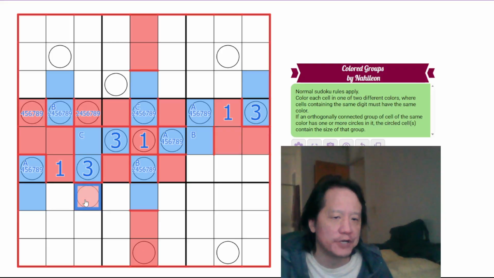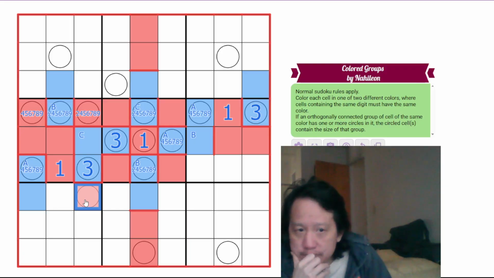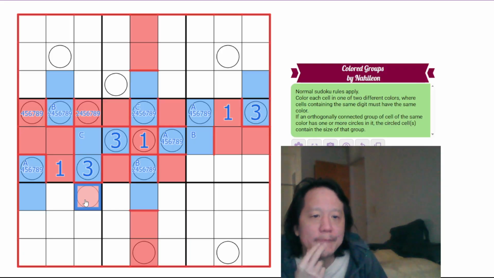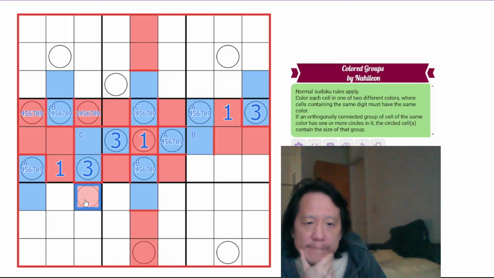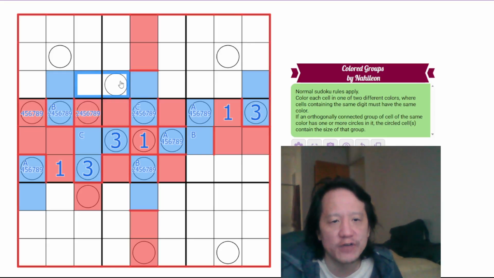This could be a 1 here. That's possible. Okay, this can never be 2. If we tried to have this as 2, this would have to be blue and blue, and we'd have 5 blues in row 3.